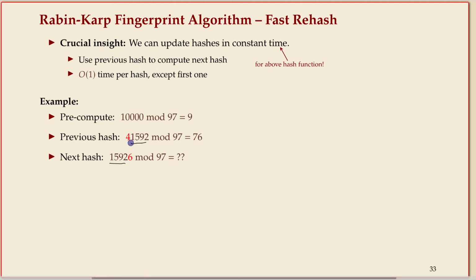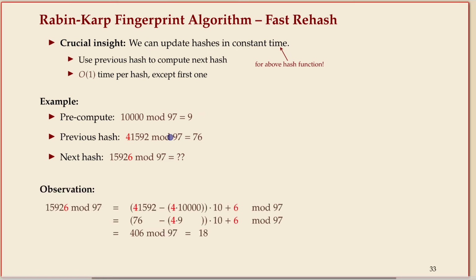We deleted the 4 and we added the 6 at the back. So how can you compute this using what we already know? The new hash is the old number where we subtract the first digit. So we just have to shift the first digit by as many zeros to the left as needed. Then we get 1592. We multiply that by 10. That shifts a 1 to the left. And then we add the 6. Okay.